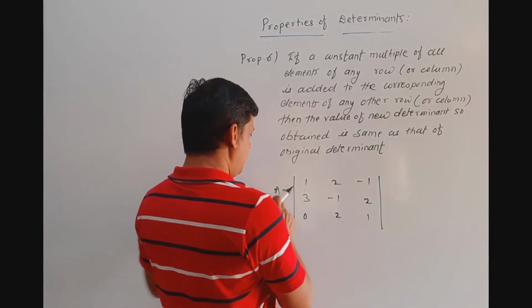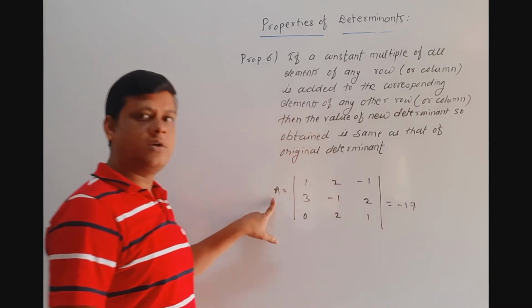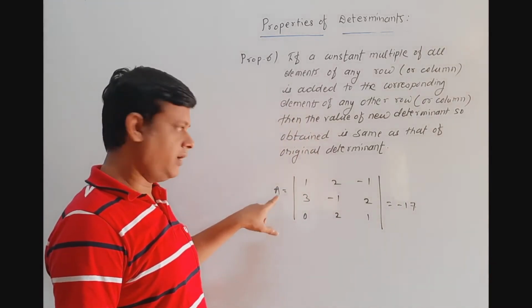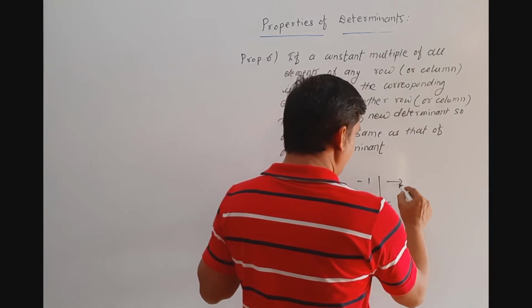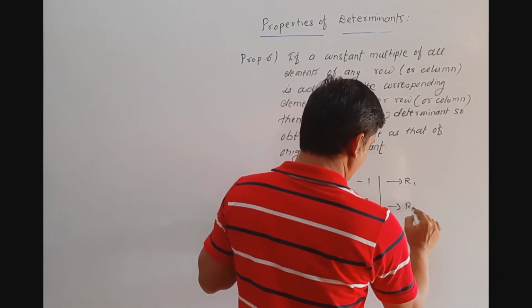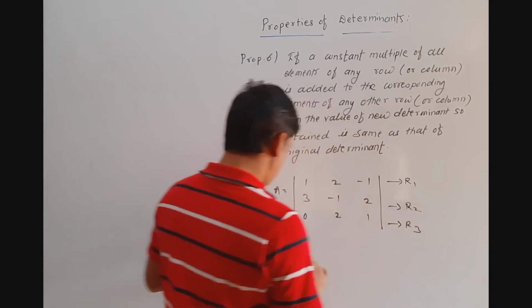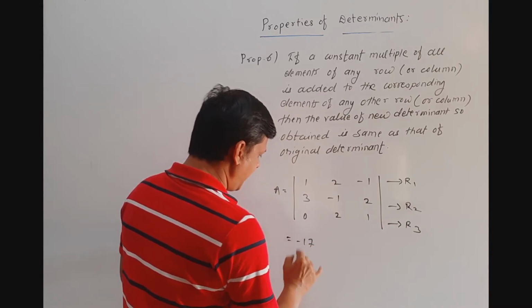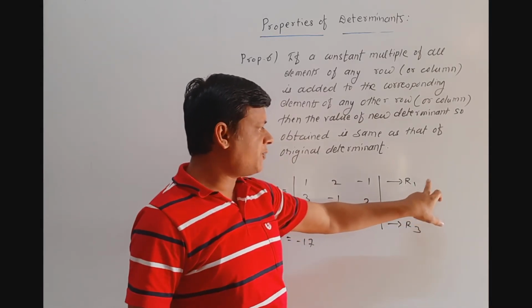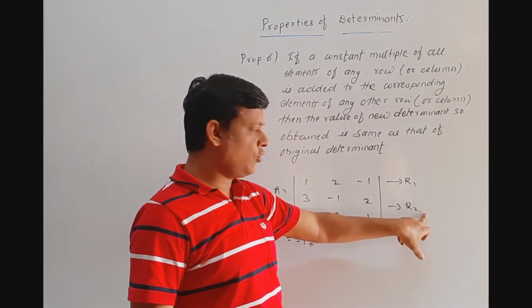Suppose the given determinant is A, and we already calculated the value of this determinant, which is equal to minus 17. Now we multiply this first row by 2 and add that value to row R2.